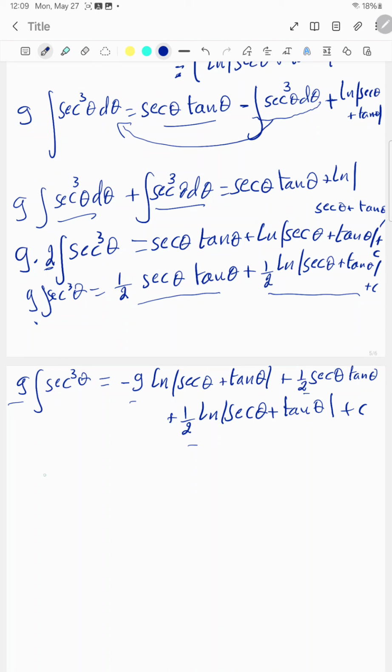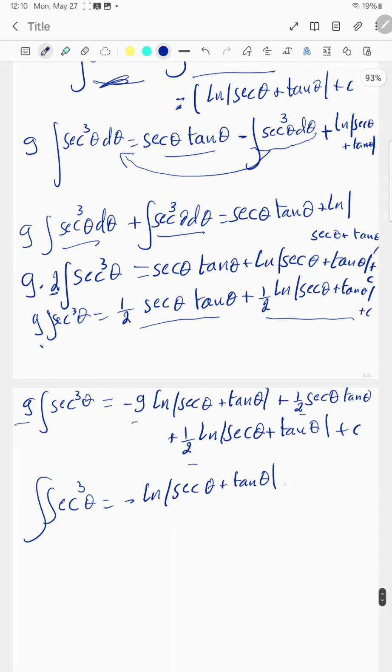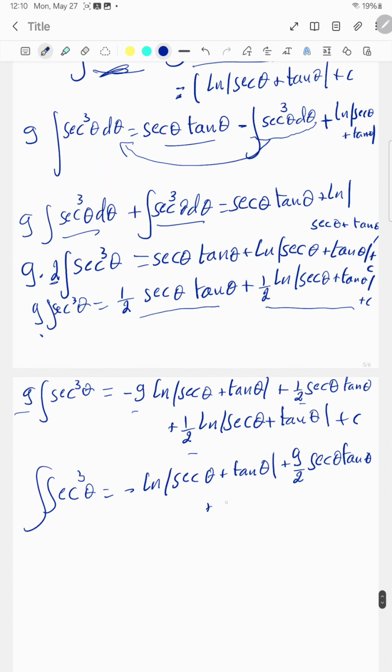So my integral of sec to the power 3 theta is equal to minus ln of sec theta plus tan theta, and I have 1/2 divided by 9, it becomes 1/18, plus 1/18 sec theta tan theta plus 1/18 ln of sec theta plus tan theta plus c.